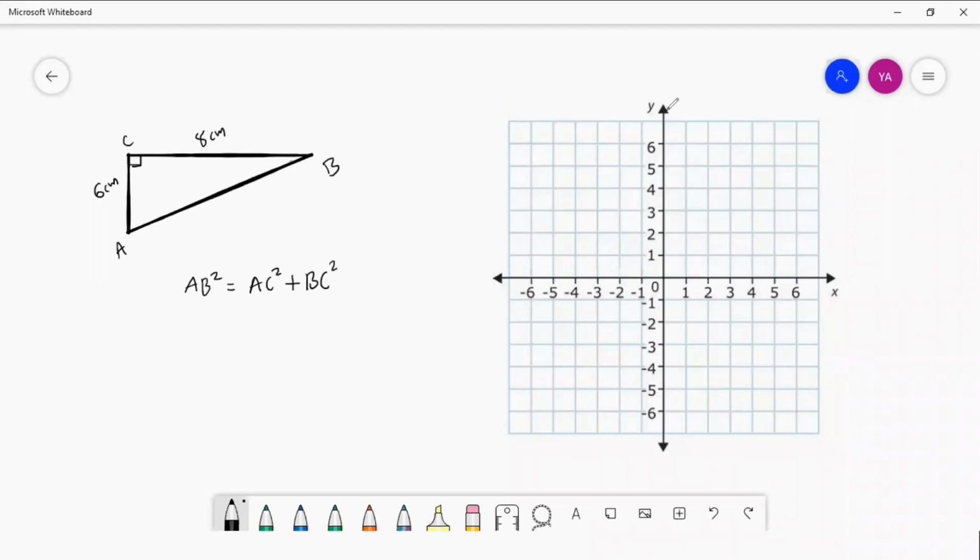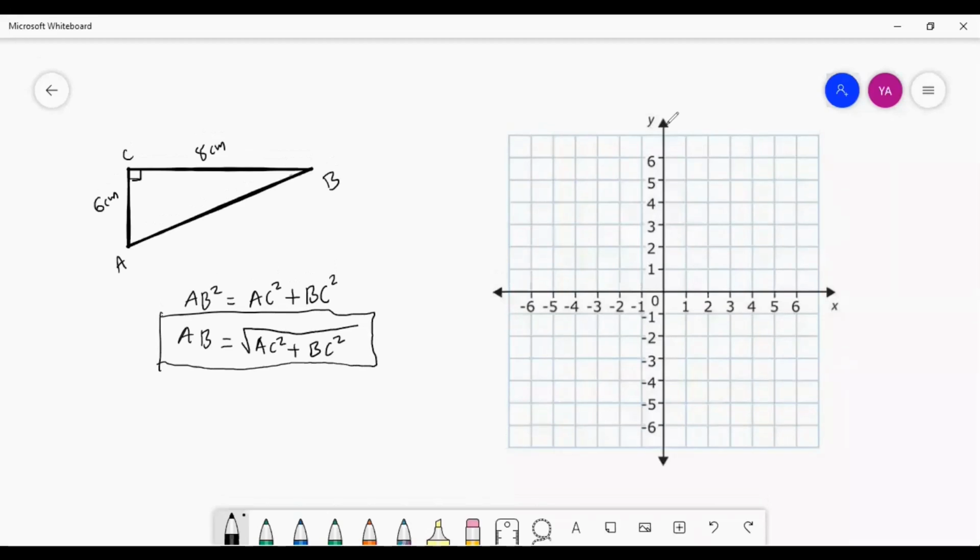That is, the hypotenuse square is the sum of the squares of the perpendicular sides. In other words, AB, the hypotenuse, is equal to the square root of AC square plus BC square, because when you shift the square to the right side, it becomes a square root. This theorem, the Pythagoras theorem, is very important, and we will apply it to form the distance formula in this lesson.